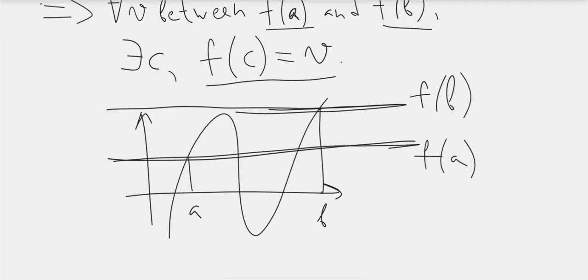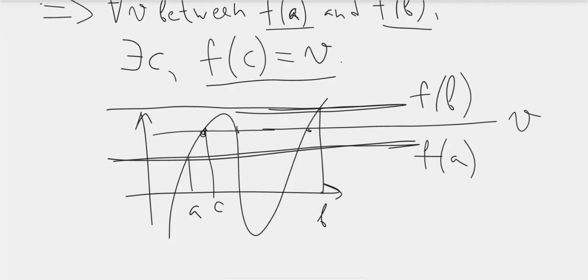So for any value v that we choose, there exists a point c. In this case there are 3 points, but we need to prove that there is at least one point c such that this value is a value of the function for some point c.